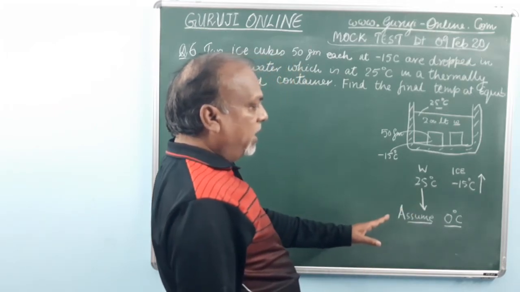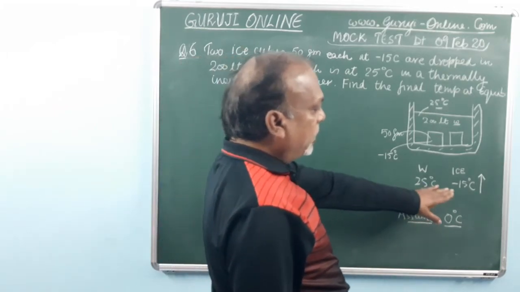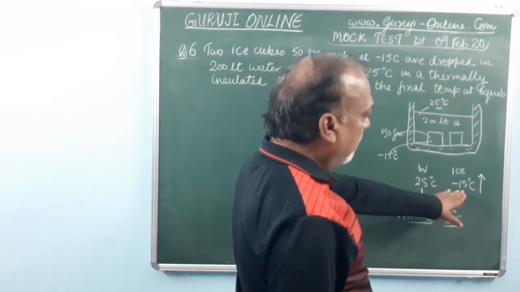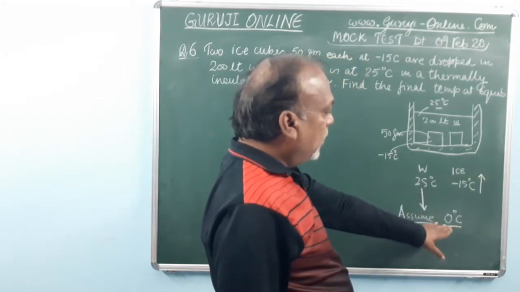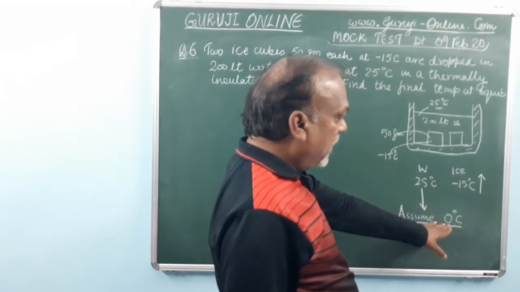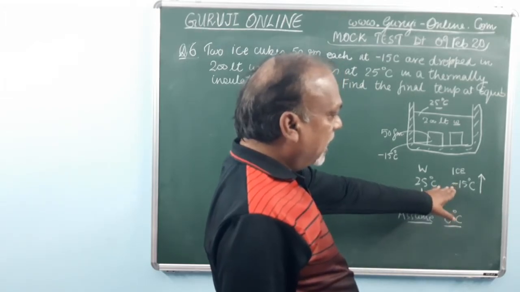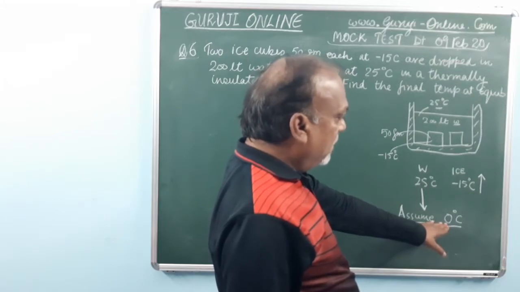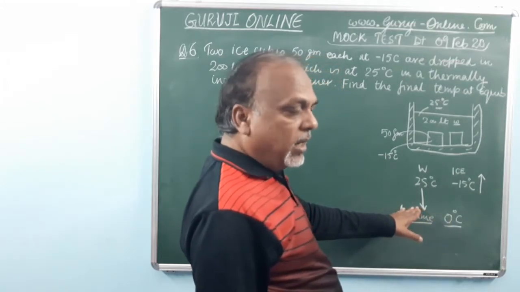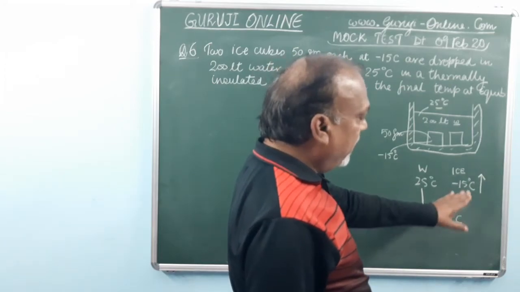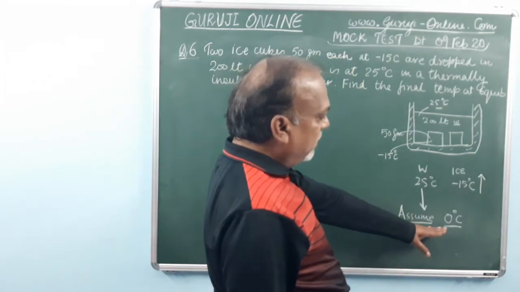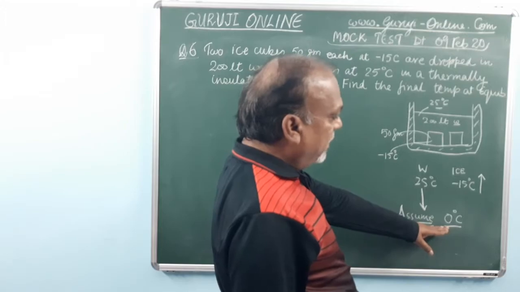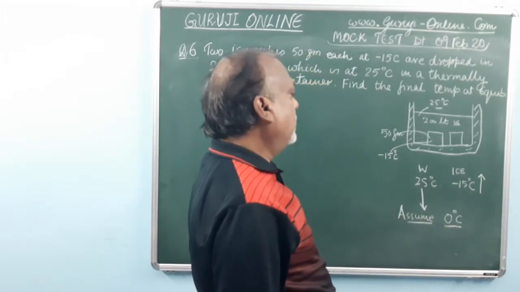Basically, in this case, first ice will go from minus 15 degree centigrade to 0 degree centigrade, and it will start melting at 0 degree centigrade, and then if energy is enough, then its temperature will rise. So let us see at this milestone what happens.